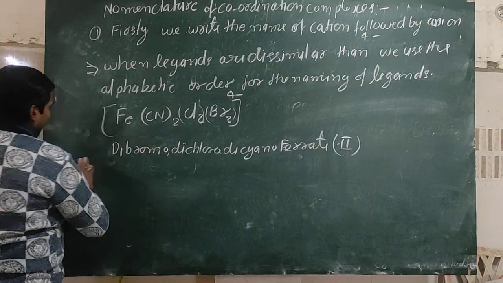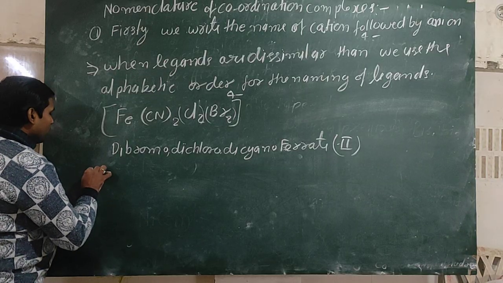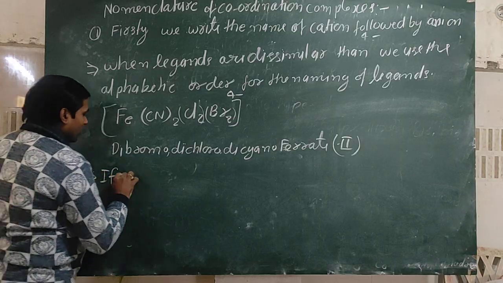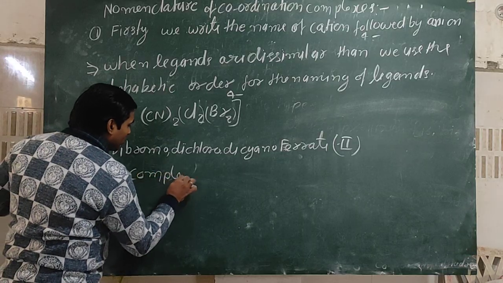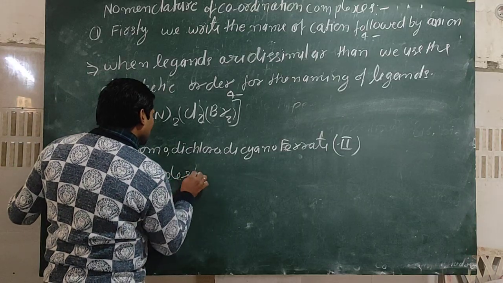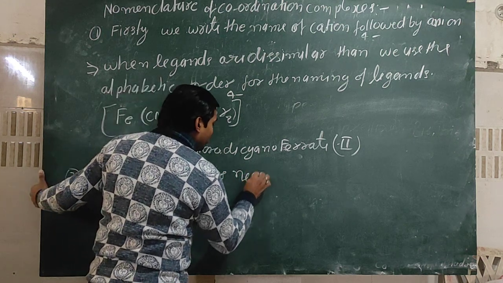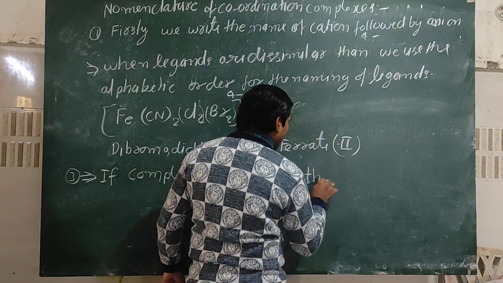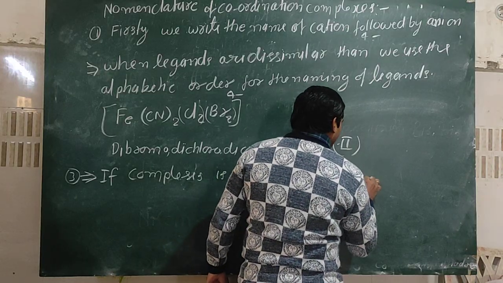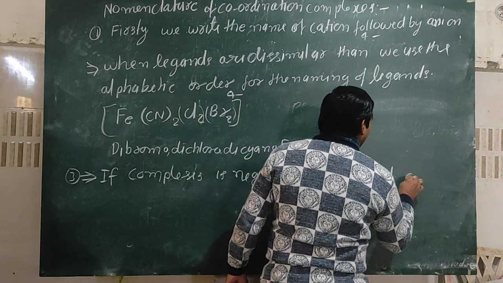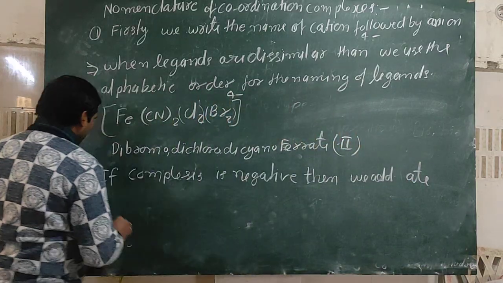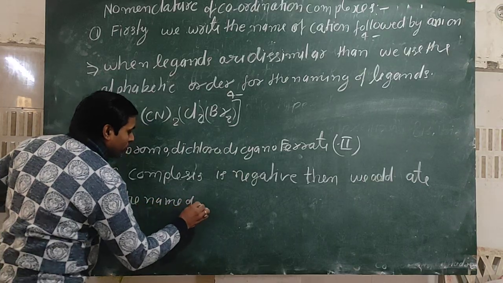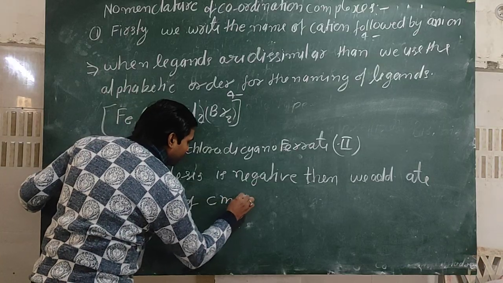If any coordination complex is negative, then we add ATE in the name of the central metal atom.